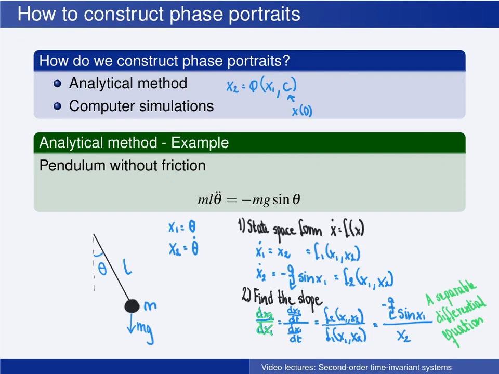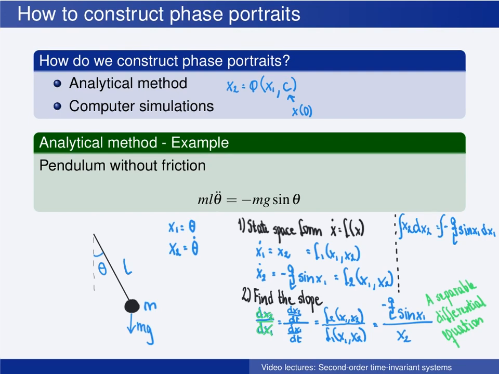What we do is that we collect everything that has to do with x2 on one side and everything that has to do with x1 on the other side. Then we have x2 dx2 on the left hand side equals minus g over L sine x1 dx1 on the right hand side. And then we integrate both sides.